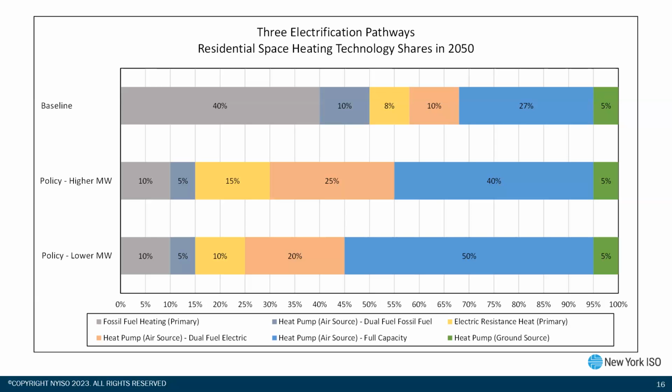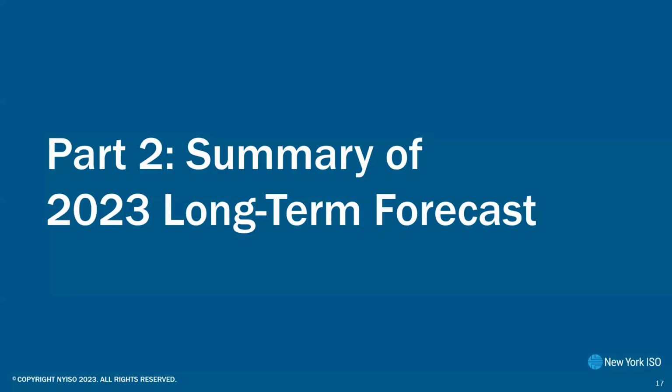The difference between them is either more or less adoption of resistance heating and supplemental heating, and more or less adoption of air source heat pumps. Both of the policy cases would meet a high level of clean energy, but you're going to get different peak demand impacts. I won't have a lot of time to go through the summary of the forecast.